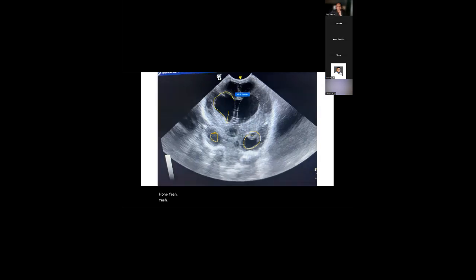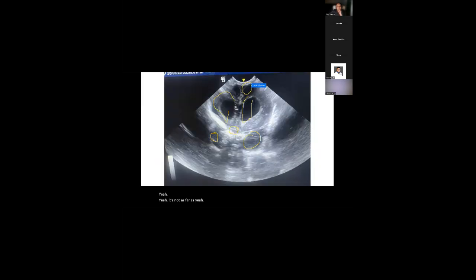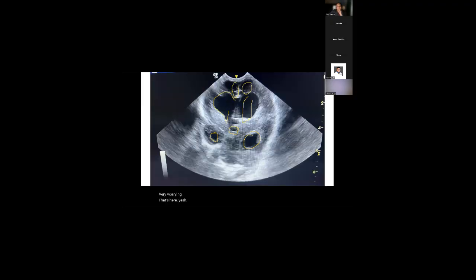And this is slightly further back, so you're getting a little bit of the third ventricle there, which is dilated. Very worrying. But here you've got leukomalacia.